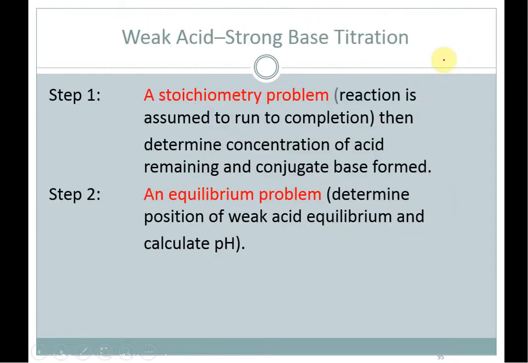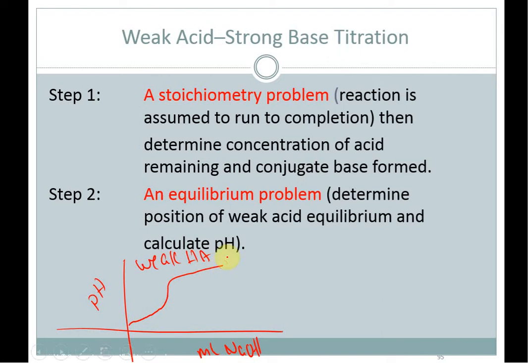If you have a weak acid with a strong base, pH versus milliliters NaOH added. You start off at a low pH, you get less dramatic influence, and your pH is going to be a little bit above 7 at your equivalence point.